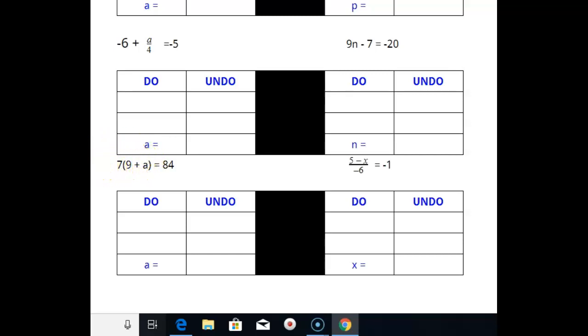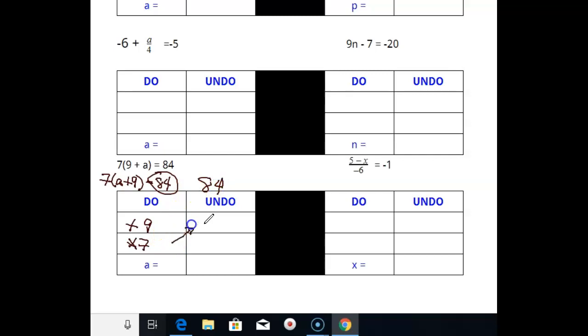But it's also written a little bit incorrectly. So we're going to say 7 times something plus 9 equals 84. So I would add 9 to that something because it's in the parentheses, and then I would multiply it by 7. I'm going to undo that 84.